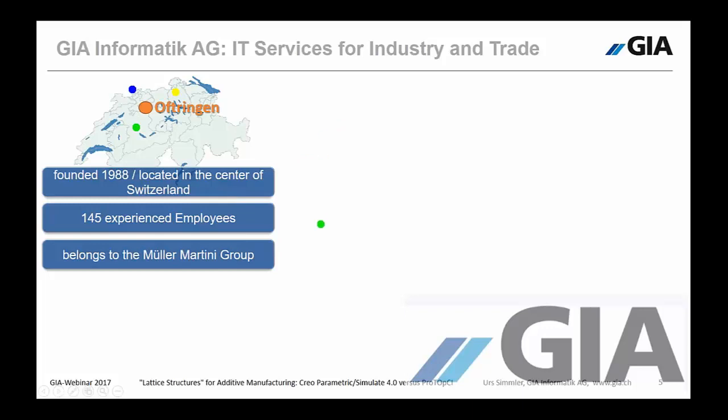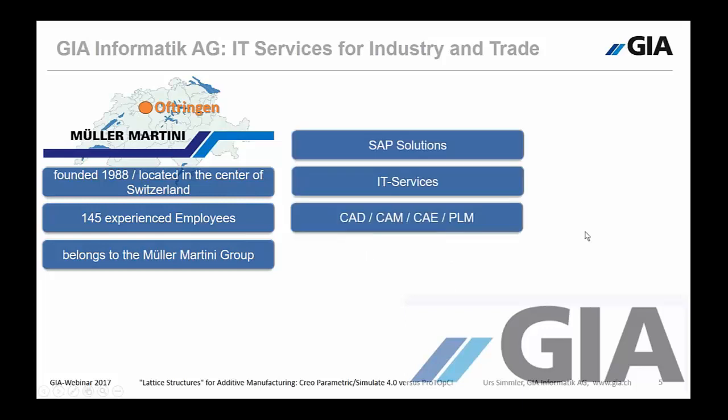About 150 people are working for GIA, and we are, let's say, the daughter of the Müller Martini group. Müller Martini group produces machines for after the printing process. That means it produces cutting machines and handling machines for newspapers and that kind of stuff. GIA Informatik belongs to Müller Martini, and we are working on SAP solutions. We bring IT services.